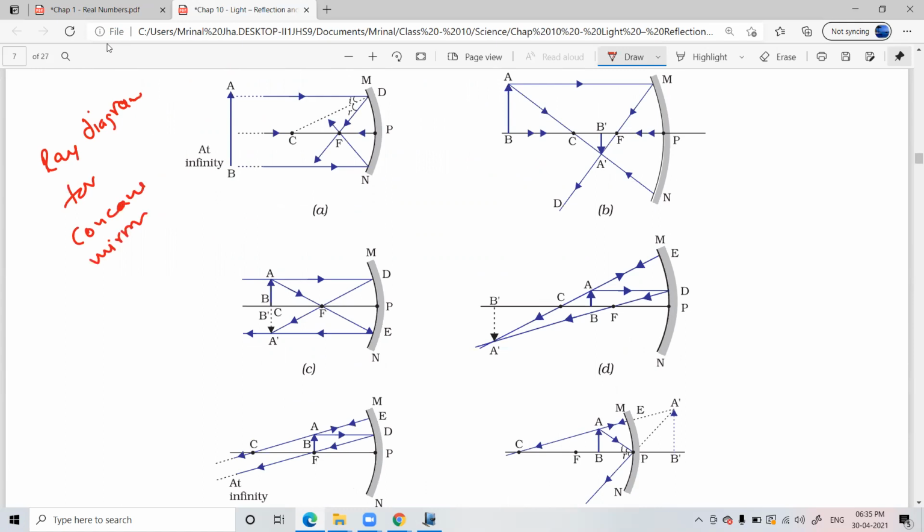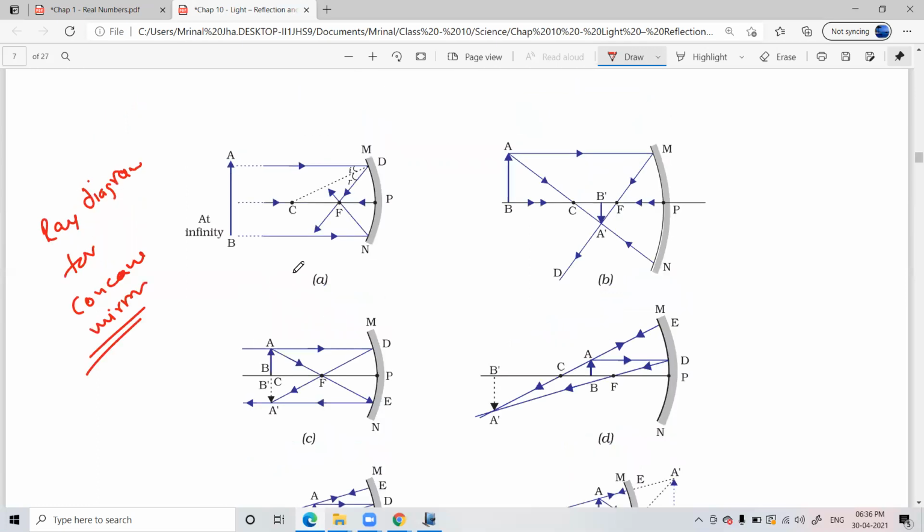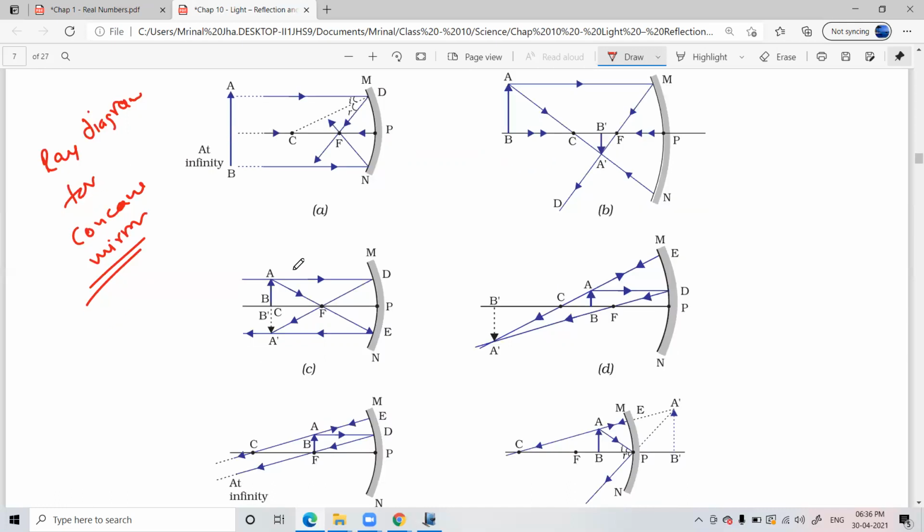These are very, very important. You need to know it, understand it by heart, not just know how to draw it, but understand what's happening in these diagrams. You might have to answer questions based on this idea, and they might ask you to draw the ray diagrams also. A straightforward question could also be there. So you need to be ready for both.